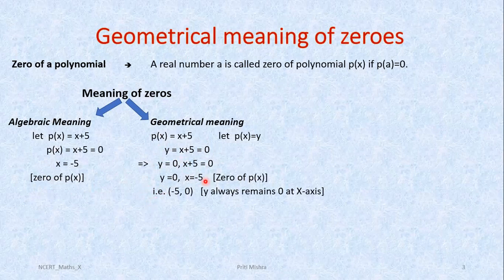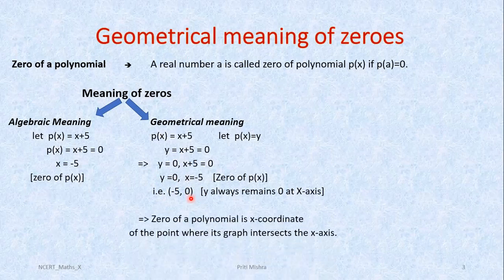Now it's showing here (-5, 0). This is the point which has these coordinates, and as y = 0 here, it means this point is lying on the x-axis only. So with the help of this point, we can explore the geometrical meaning of zero.